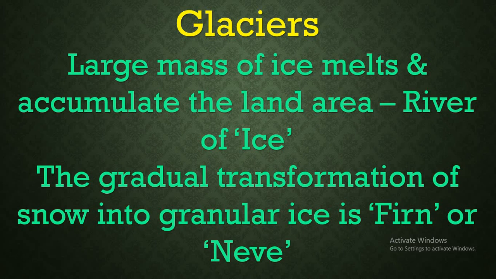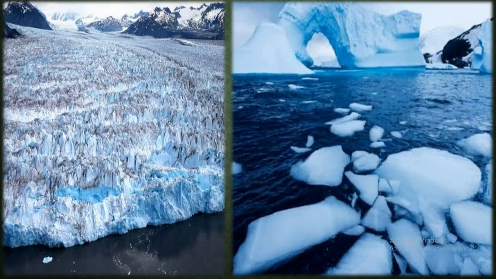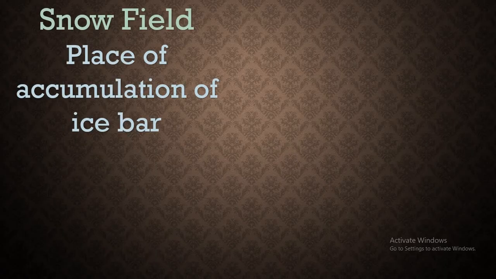We'll see the picture of this glacier. The granular ice and pieces of ice break and melt into the river. Snowfield. What do you mean by snowfield? It's a place of accumulation of ice.